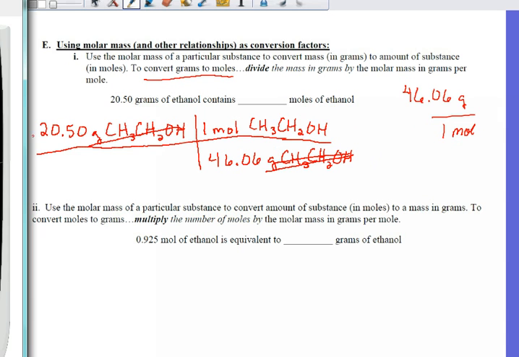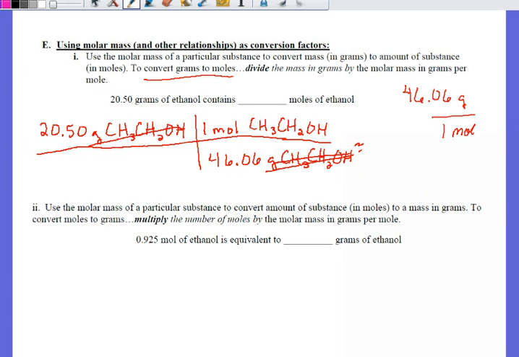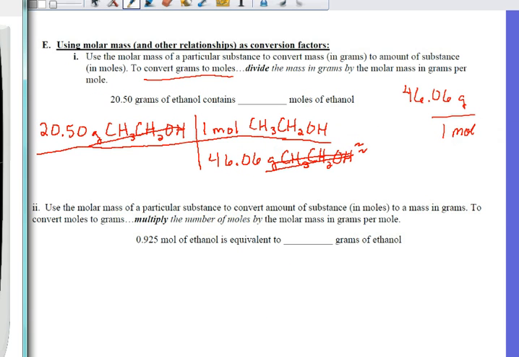So your original measurement had 4 significant digits. 20.50, that 0 on the end is significant, otherwise it would not have been written. And the 0 in between the 2 and the 5 is also significant. So this has 4 significant figures. This number, your molar mass here that you rounded before, has 4 significant figures. So my final answer should be reported to 4 significant figures. If you're looking at your calculator answer, it's 0.44507.